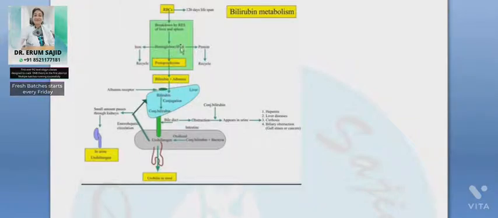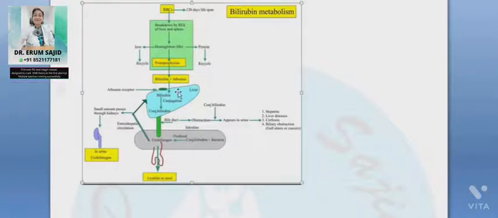Because it gets thrown back, there is a back surge in the blood. And suppose lots and lots of hemoglobin is throwing heme inside the body, that means more unconjugated bilirubin is going to be present in the body.